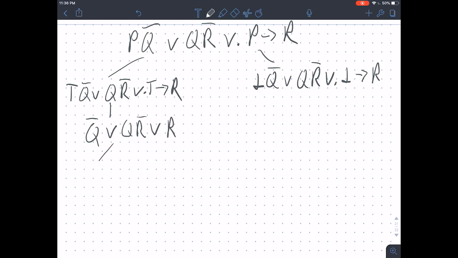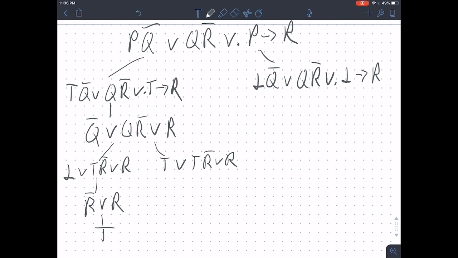So we need to branch again here. So that's going to pick Q, although again, it doesn't really matter. So that's false or true, R or R, and that's true or R. So this gives us not R or R, which is obviously valid, and this goes right to true.